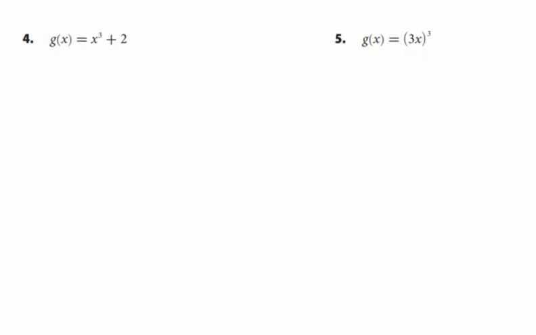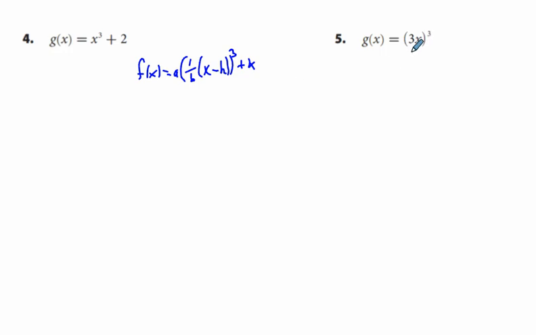Let's go on to problem 5. What we have is g of x equals 3x cubed, all cubed. And what this does is this takes the, I'm going to write that form again, f of x equals a times quantity 1 over b times x minus h cubed plus k.